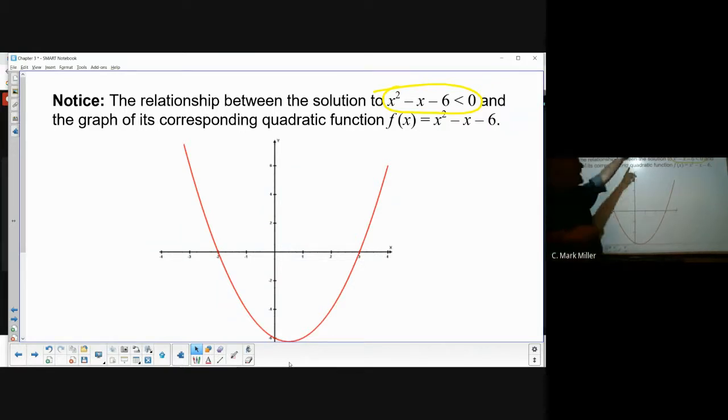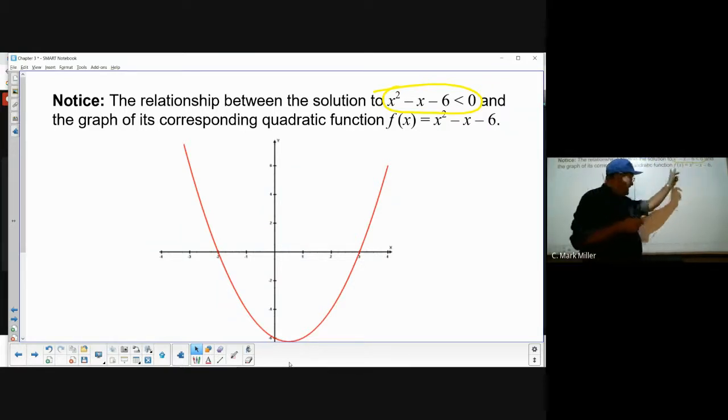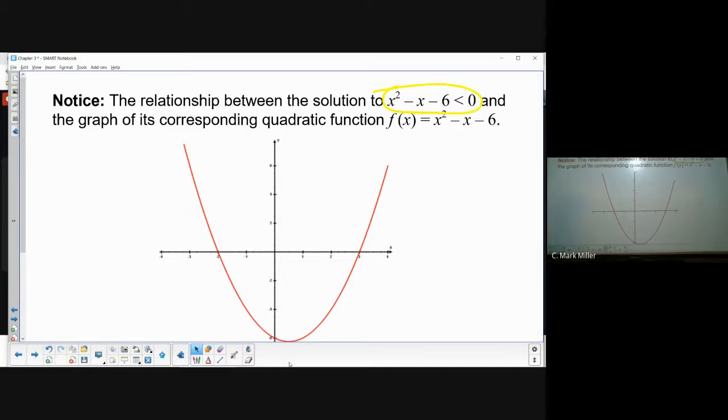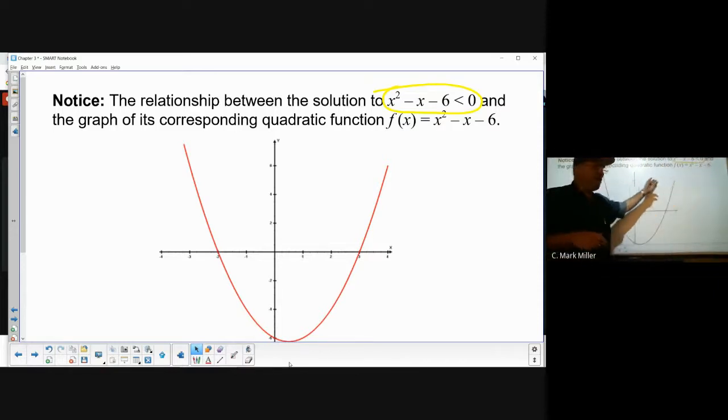If that were a function, it would look like this. We know how to graph that as a function. And so if we want to solve where this is less than 0, where is that function less than 0? Where is it below the x-axis?